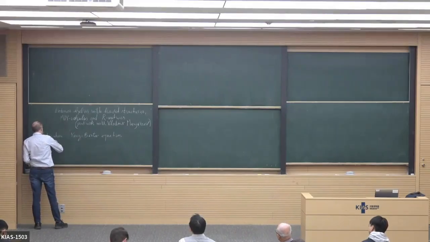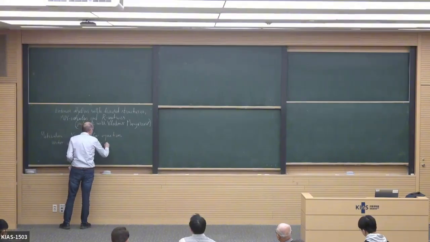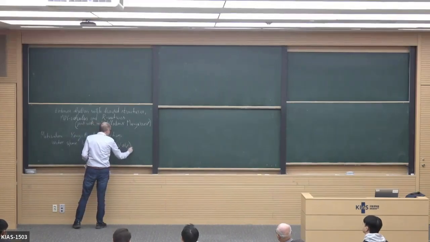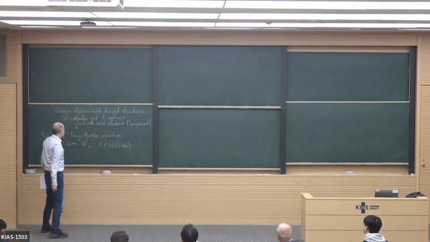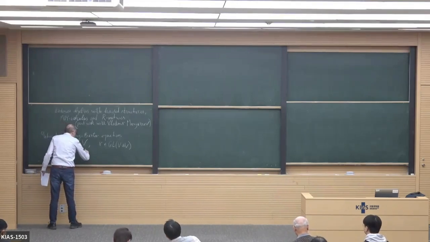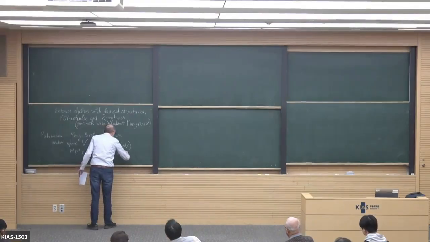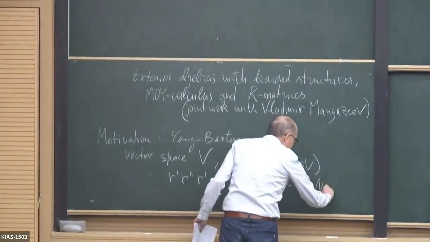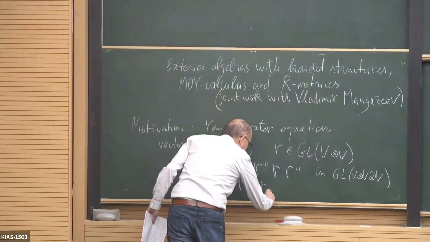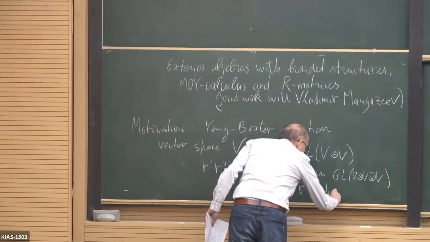We have a vector space V, and we are looking for some element of GL of V tensor V, an invertible endomorphism of the tensor square of V, such that R prime R double prime R prime equals R double prime R prime R double prime in GL of V tensor V. Here R prime is R tensored with the identity in V, and R double prime is the identity in V tensored with R.